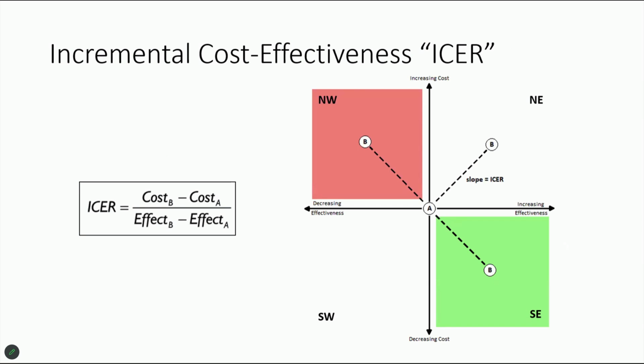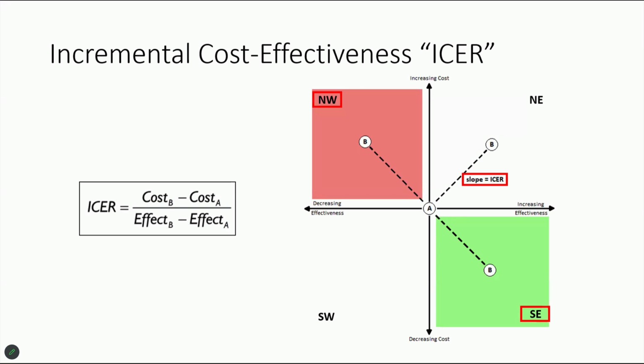So what is the end result? It establishes the incremental cost effectiveness ratio, the difference in cost over difference in effectiveness. And this is the standard unit of measure in cost effectiveness analysis. It's represented graphically on a so-called cost effectiveness plane, where the slope is the incremental cost effectiveness, or ICER, and the interventions landing in the southeast or northwest quadrants are the no-brainers.